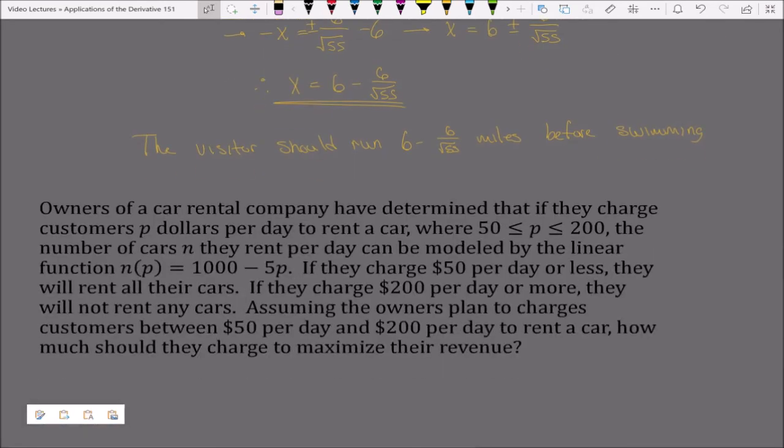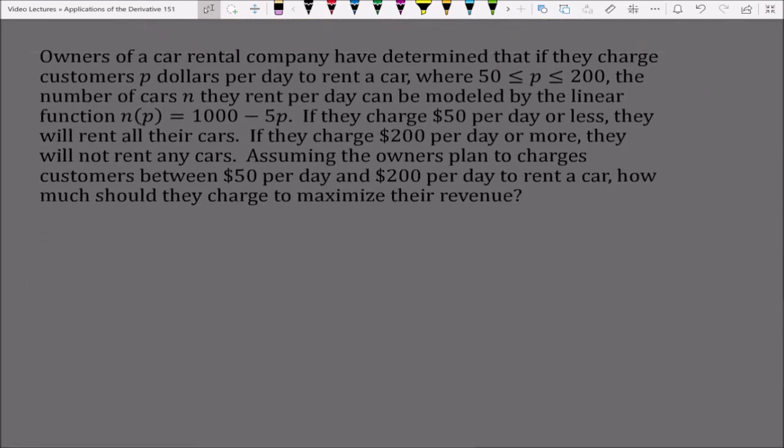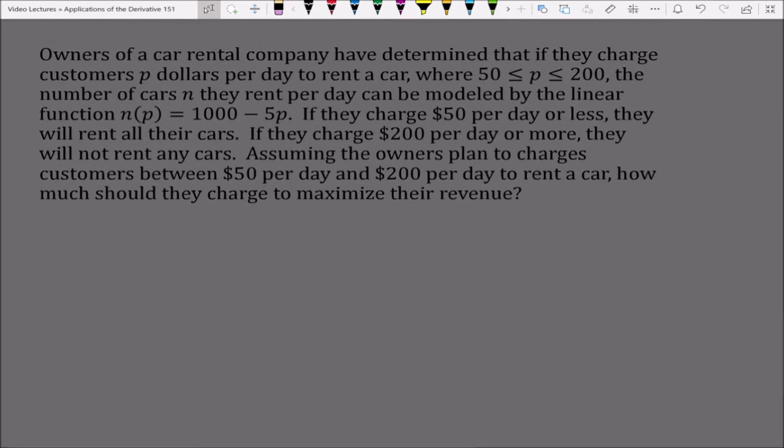Now, let's look here. Owners of a car rental company have determined that if they charge customers P dollars per day to rent a car, where P is between 50 and 200, the number of cars N they can rent per day can be modeled by the linear function N of P equals 1000 minus 5P.